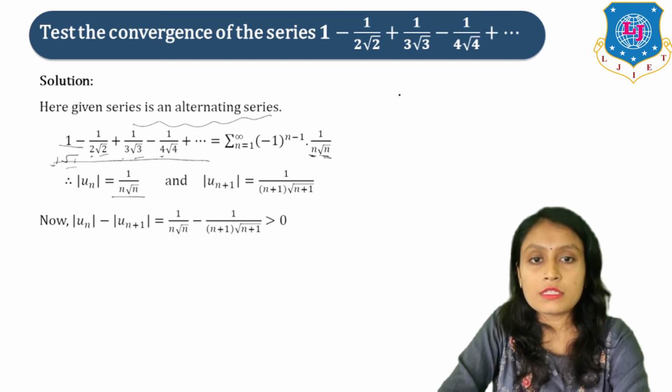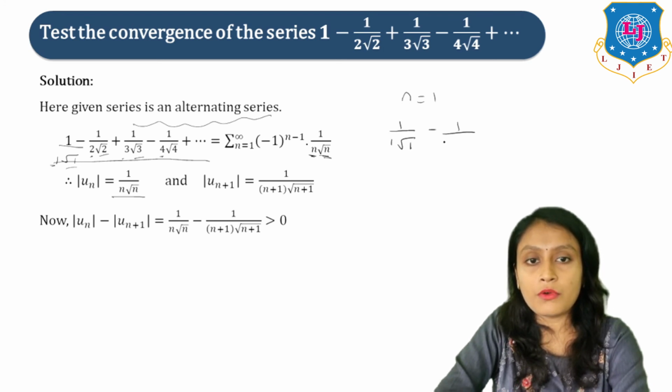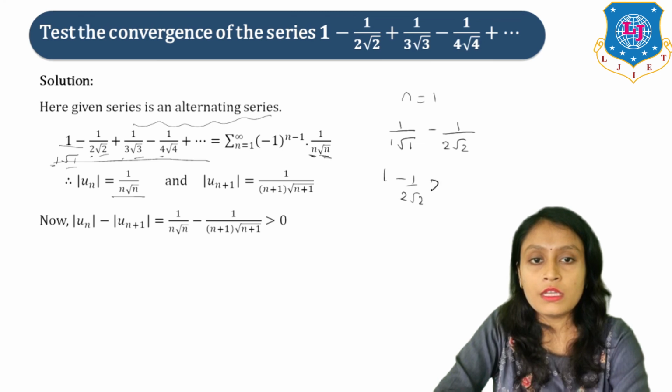Now suppose we check for n is equal to 1. So here we have 1 upon 1 under root 1 minus 1 upon 2 under root 2. Now this is 1. So 1 minus 1 upon 2 under root 2 is greater than 0. So we can say that |un| is greater than |un+1|. This is the first condition of Leibniz test.